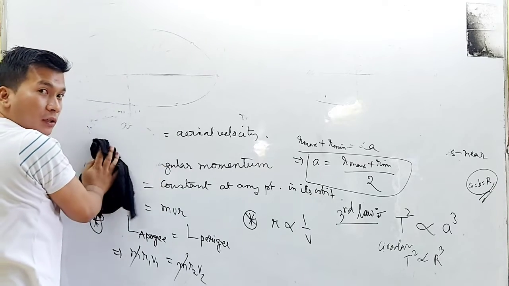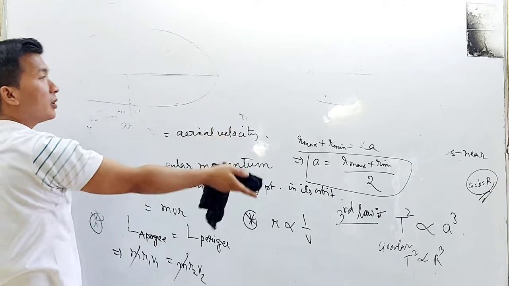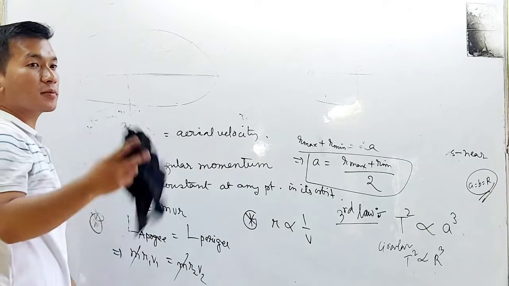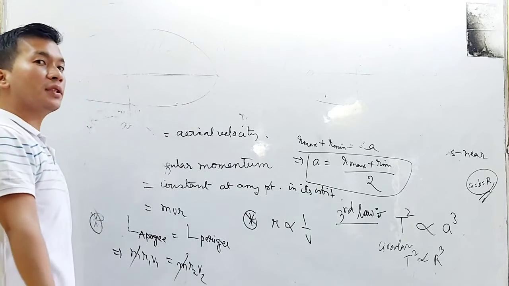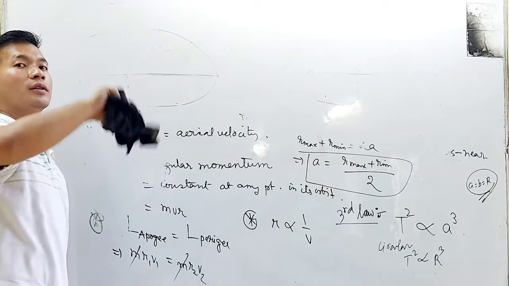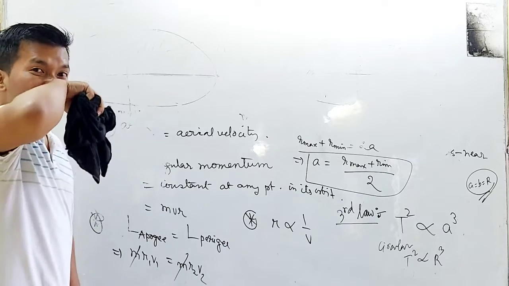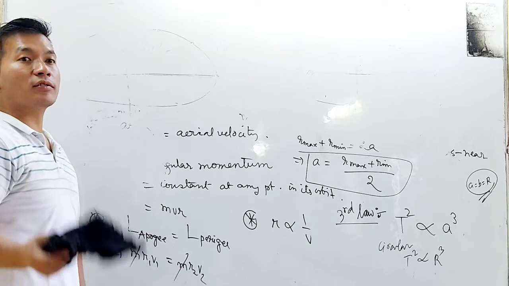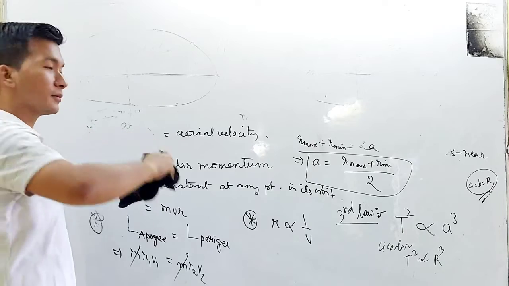From infinity to R, it must be projected with the same velocity, exactly equal to escape velocity.